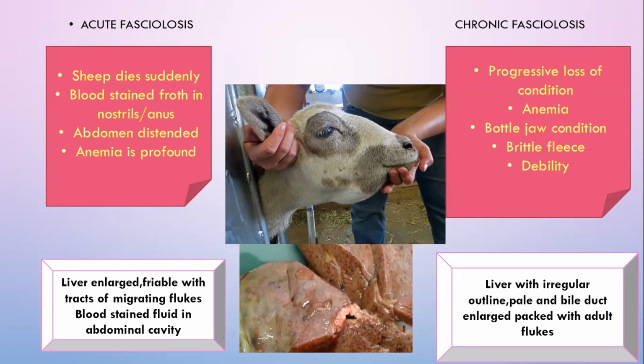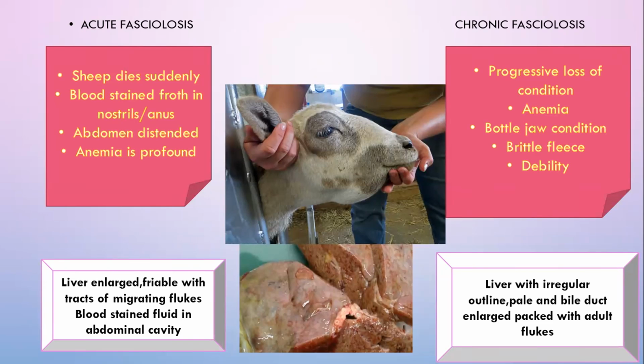They die. The symptom you can see is blood stained discharge in the nostril or anus. Also, since this fluke causes blood loss, they suck blood from the animal, about 0.2 ml. So anemia is there. Each fluke sucks blood, and if a large number of flukes are there, anemia becomes apparent.